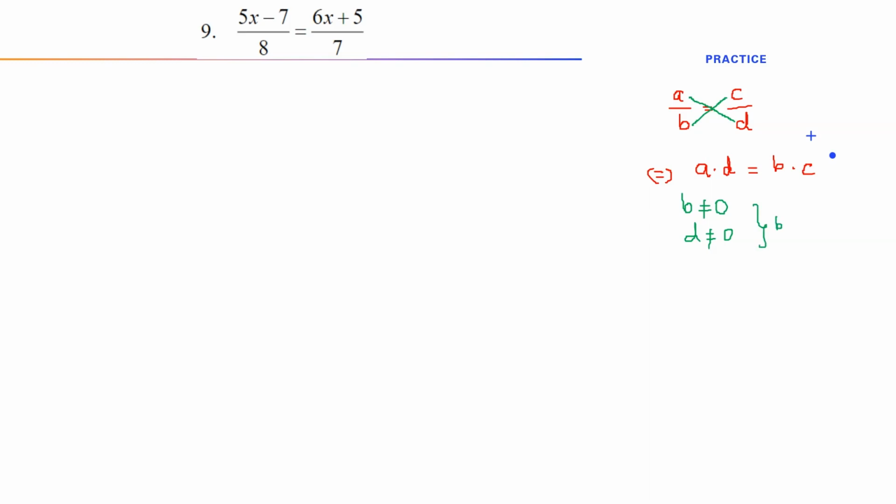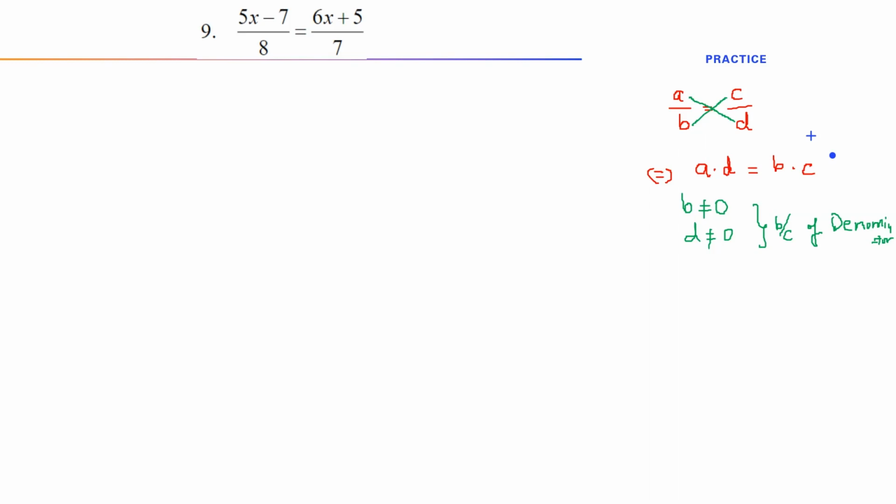because this is the denominator. In this case, we see that 8 and 7 are the denominators and the numbers are different from 0, so that's good, right? We don't have to worry about that.